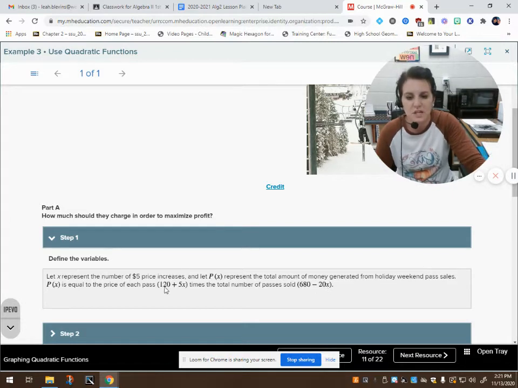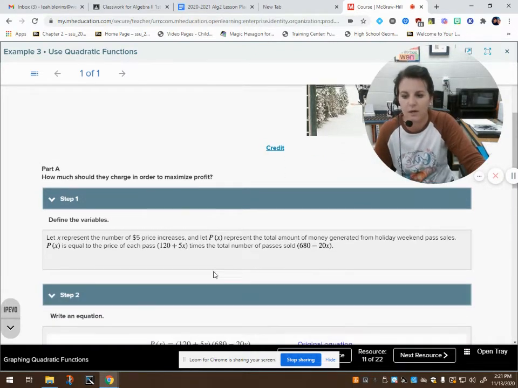Again, the price was $120. They're going to increase that by $5 so many times. We don't know how many, but however many times they do that, that's why we let it be x. We also know that the number sold is going to drop by 20 for every $5 increase.